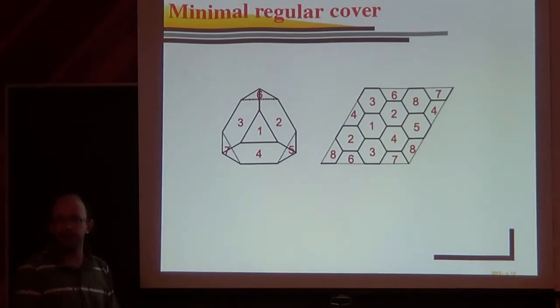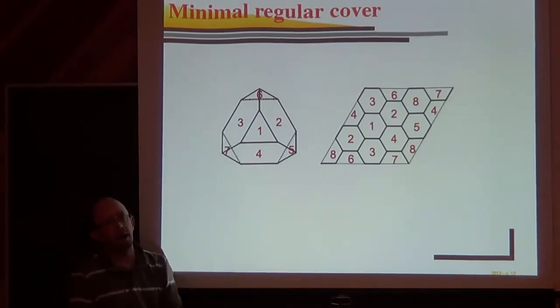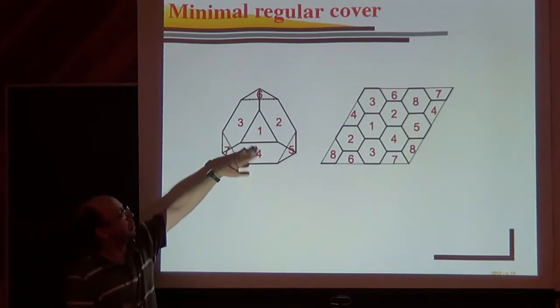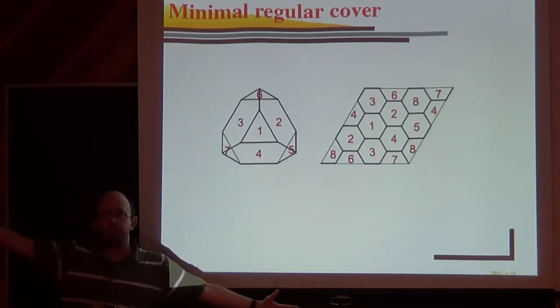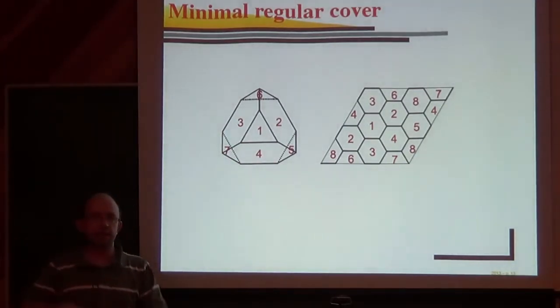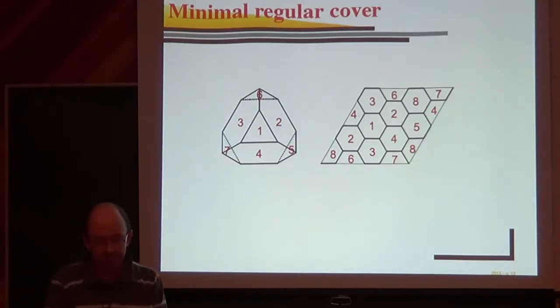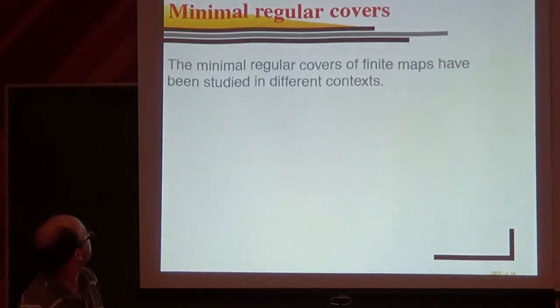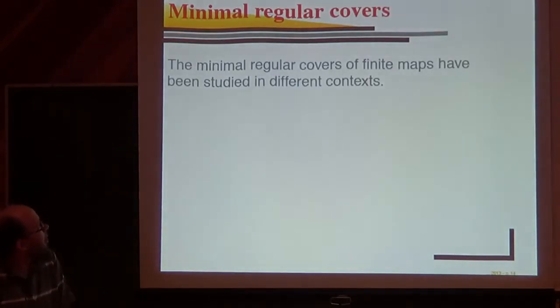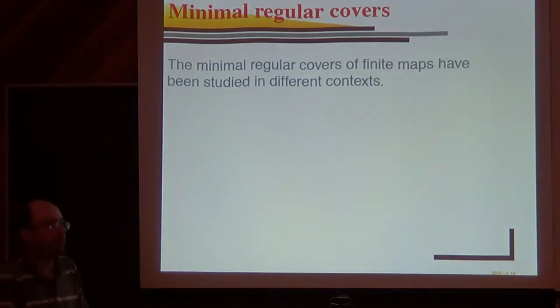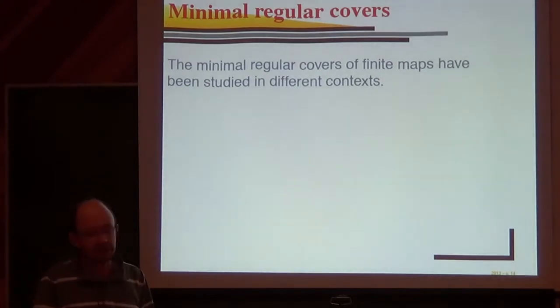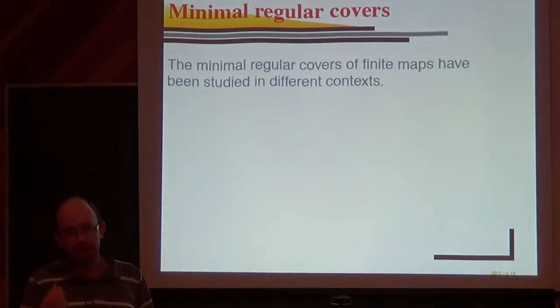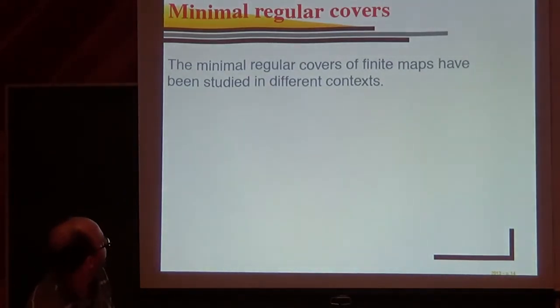It's particularly nice. Generally, if I take a less symmetric map, then the minimal regular cover is way bigger than that. It has way too many more faces. So, minimal regular covers of finite maps, so to say, minimal regular covers of maps on compact surfaces have been studied for quite several years in several contexts.